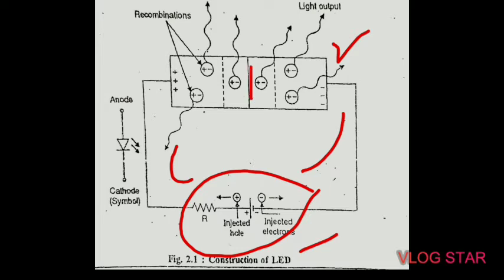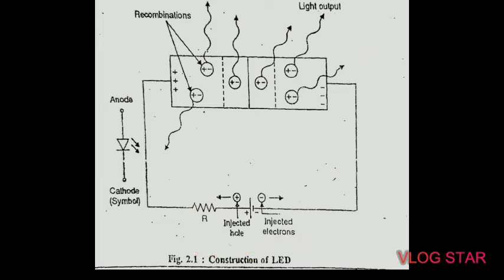Now these injected electrons near the potential barrier get recombined with the holes. That means electrons are falling from a higher energy level to a lower energy level, which can be shown in this transition of electron diagram. When this transition occurs, the energy is radiated out.